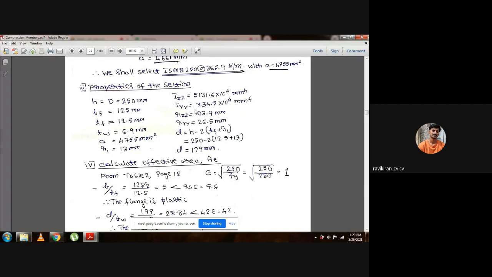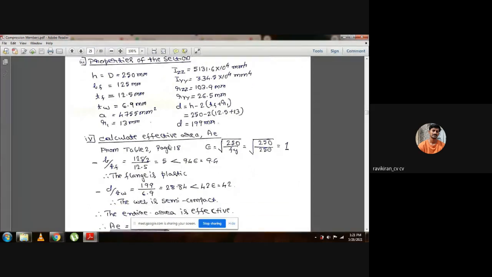And once we note this down, we need to check what is the effective length for the web. That is D is equal to total depth minus 2 times thickness of flange 12.5 plus root radius 13. So we got 199 millimeter.